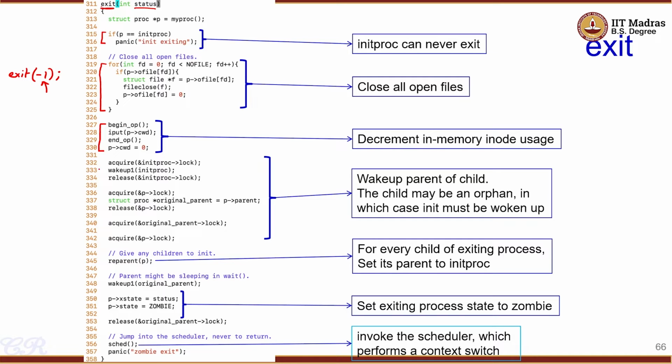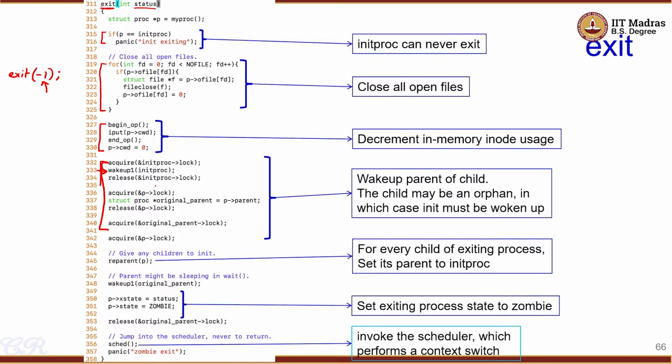Okay. Now here, wake up one init proc. So these lines over here essentially wake up the parent of the child, right? This is based on some synchronization primitives, and the internals of this we will see later in the course.